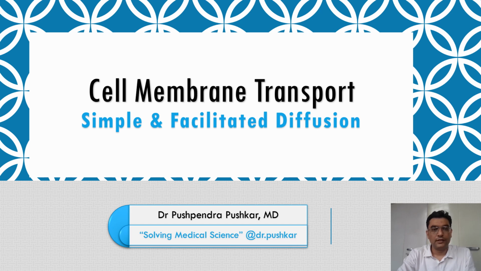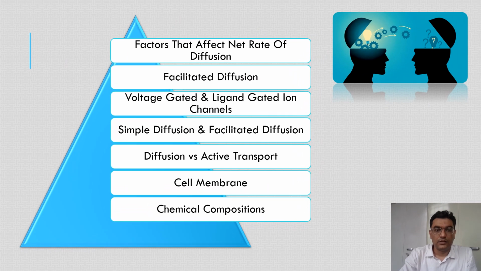Hello everyone, welcome to this lecture on cell membrane transport, and today we are going to understand simple and facilitated diffusion. So then we are going to start with understanding the various chemical compositions in the extracellular and intracellular fluids. Then we will see the structure of the cell membrane and some important proteins that are present in the cell membranes.